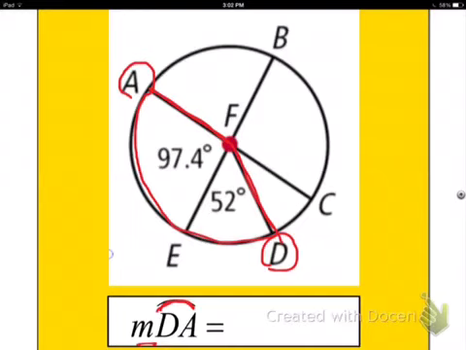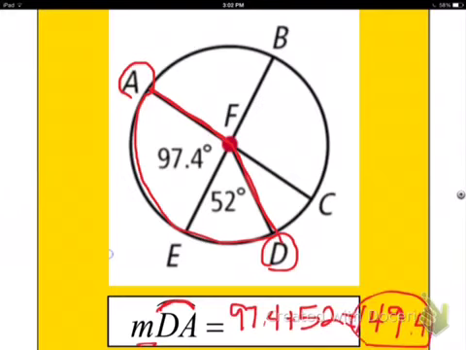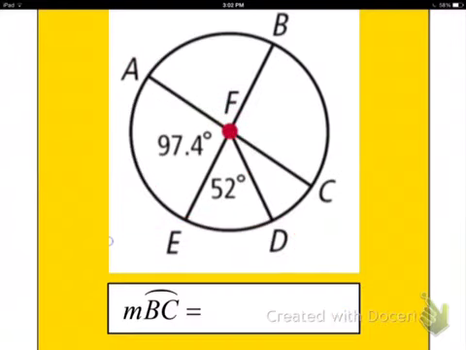I get my calculator and find out what 97.4 plus 52 equals. And my answer is 149.4. So the measure of arc DA is 149.4.